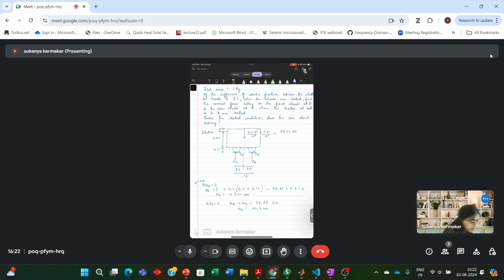And one thing I'd like to highlight, when we are taking the moment about point B, we are not considering the value of this friction. Why are we not taking them into account?